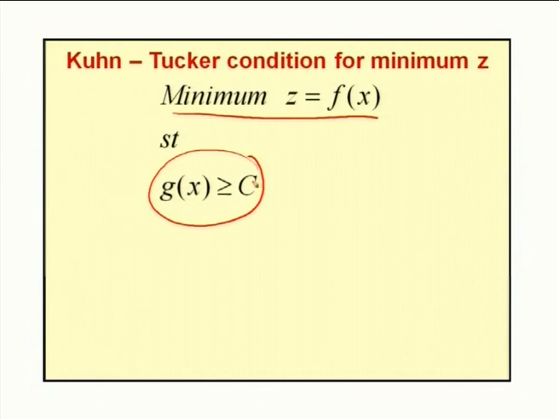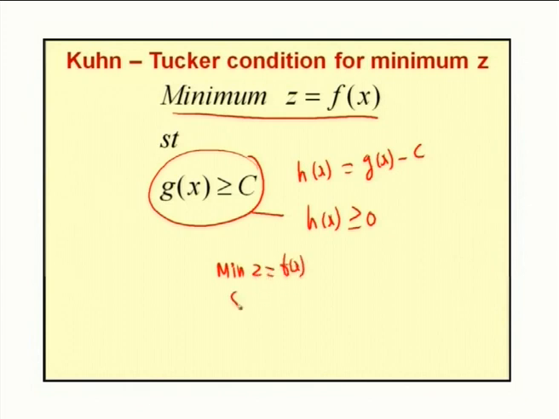As usual, now by taking our function h of x equal to g of x minus c, this constraint can be written as h of x greater than or equal to 0. Therefore, the given nonlinear programming problem becomes minimum z equal to f of x subject to the constraints h of x greater than or equal to 0 and x greater than or equal to 0.